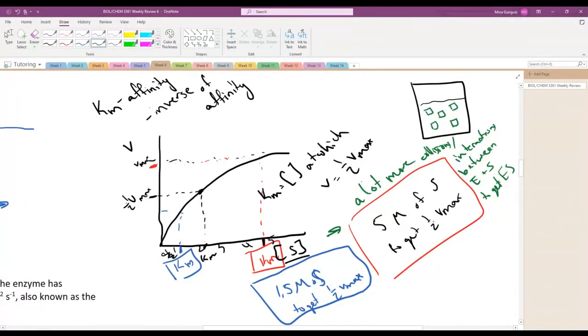And so that's why we say Km is a measure of affinity, and specifically it's the inverse of affinity.